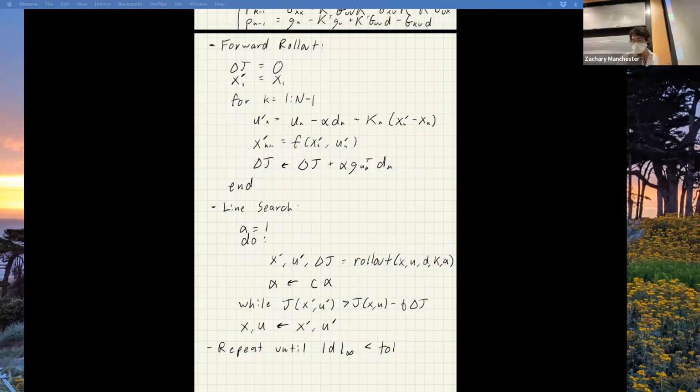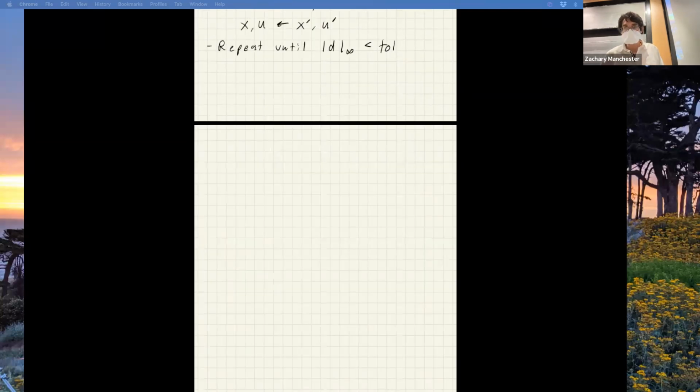Okay, so back to the notes. Some things to say about these things. We got cart pole and acrobot swing up.